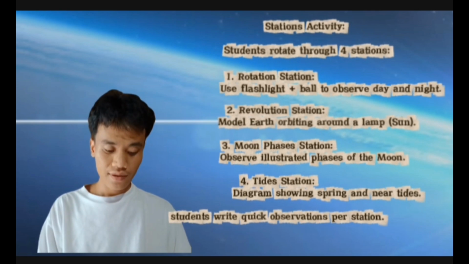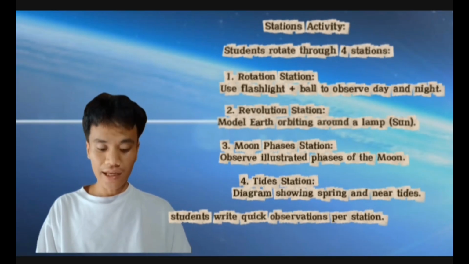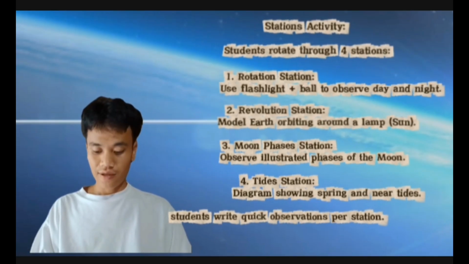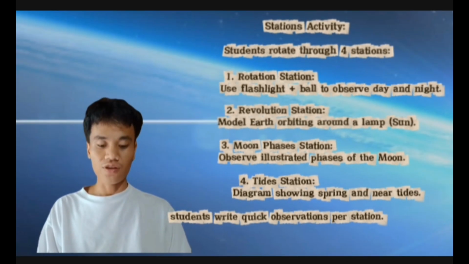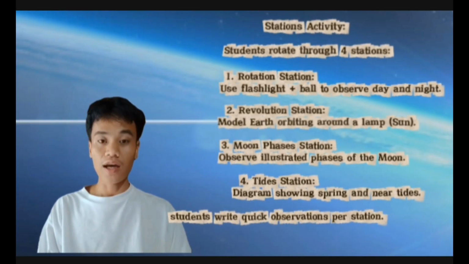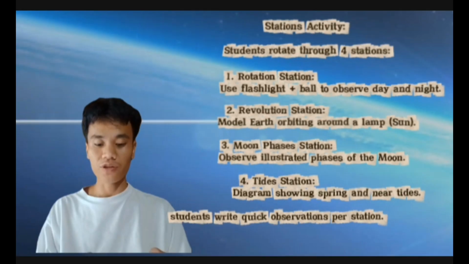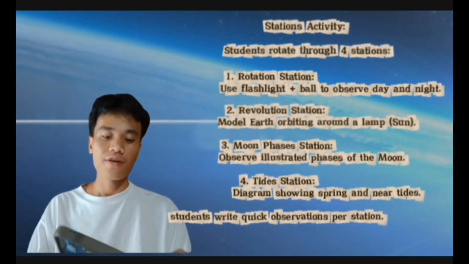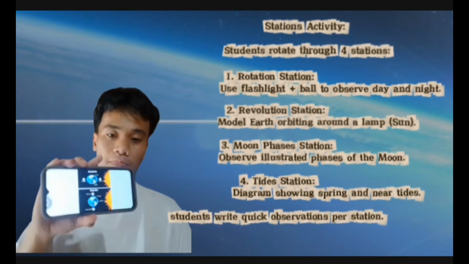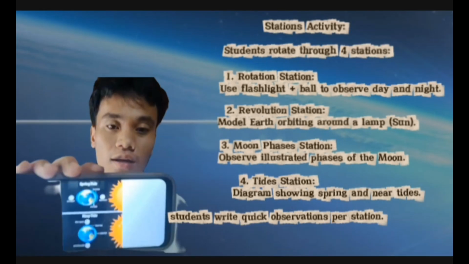Early astronomers believed that the sky moved while the Earth is stationary. In 1543, Nicholas Copernicus proposed a revolutionary idea, which is that the Earth and the other planets revolve around the Sun and the Earth rotates on its axis.